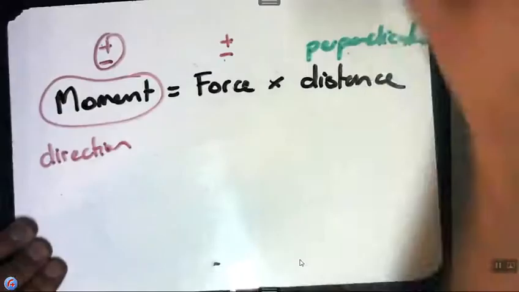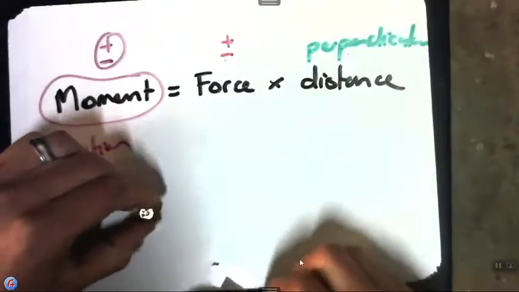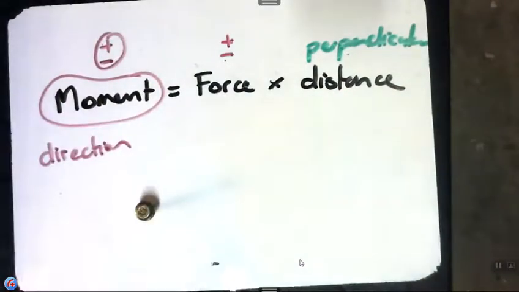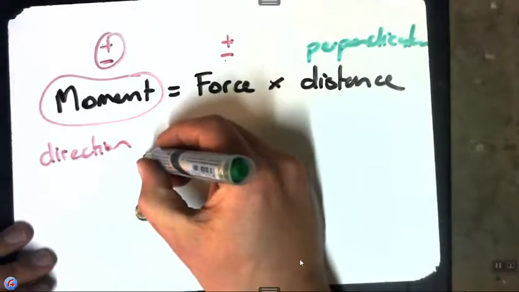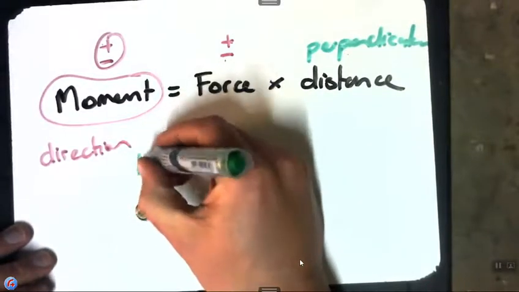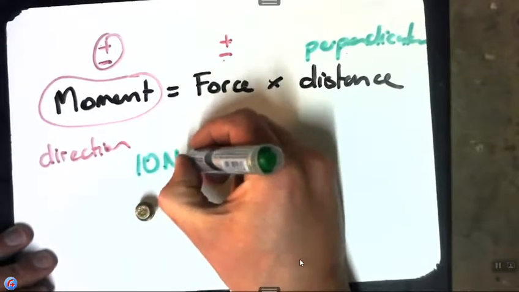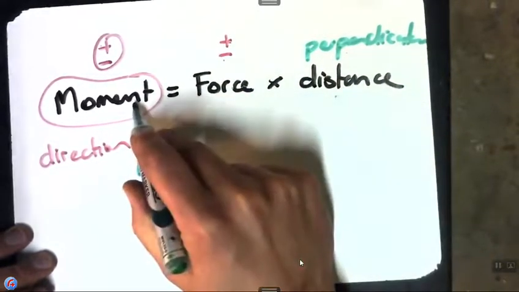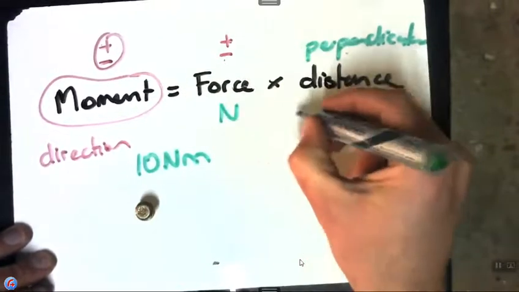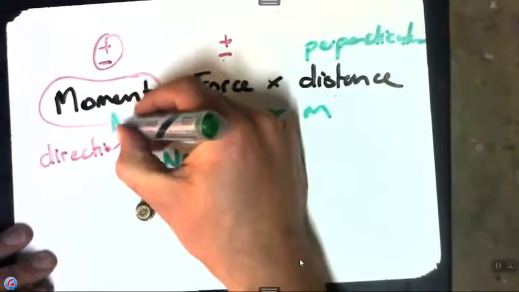Now, let's say this nut needs a moment of 10 Newton meter. Newtons times meters. The unit for moment is newtons times meters, Newton meter.